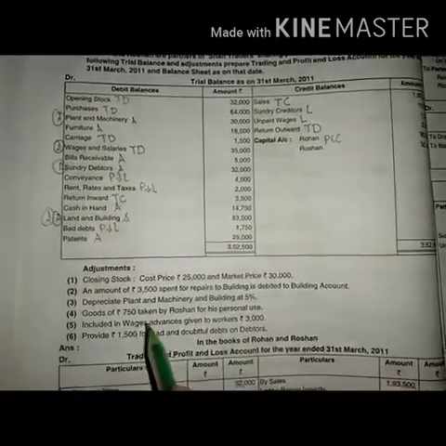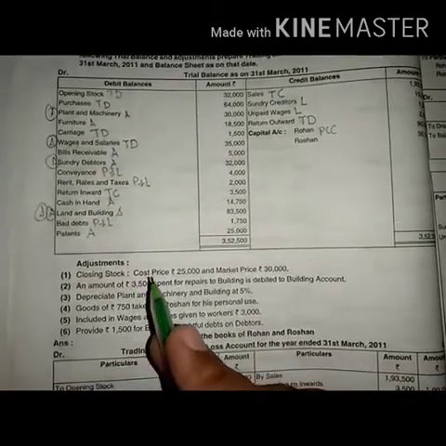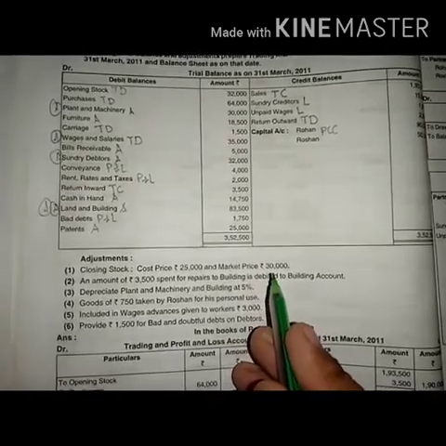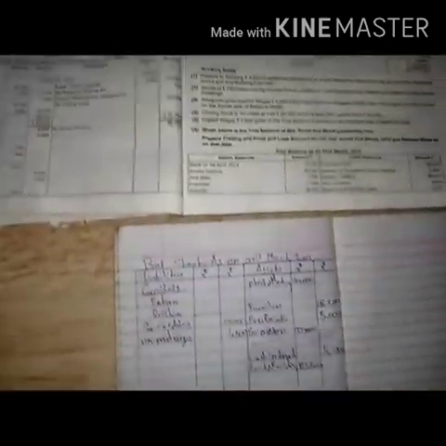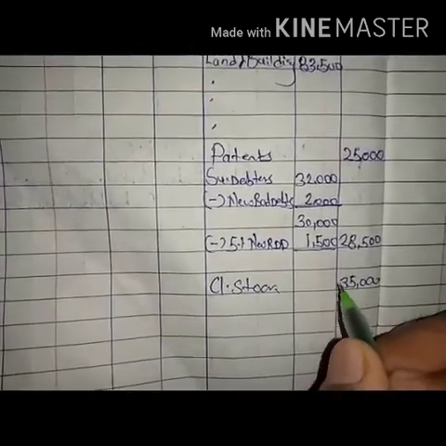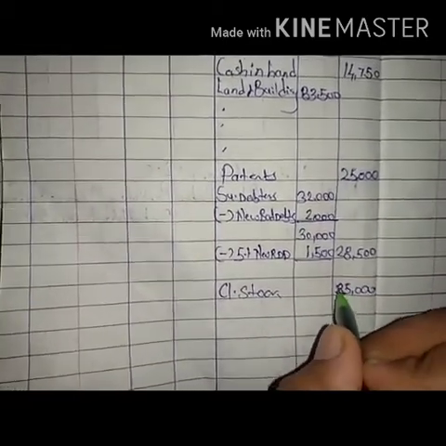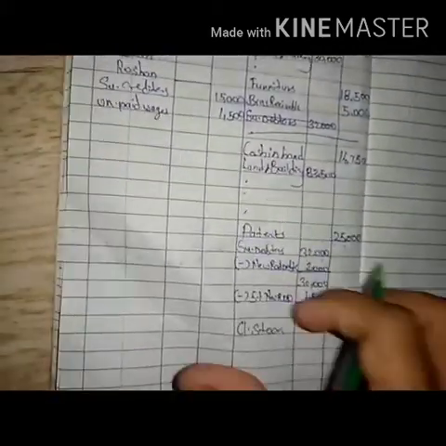Now we are going through the adjustments. First adjustment is clothing stock 25,000. Market price is 30,000. We are coming 25,000.